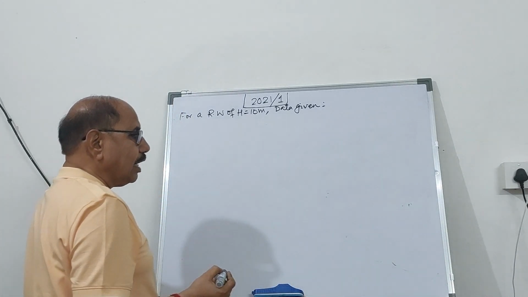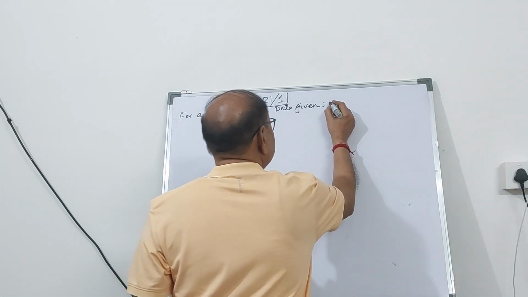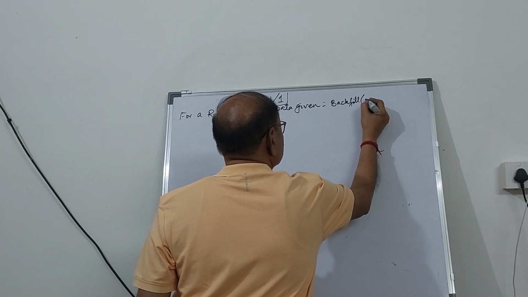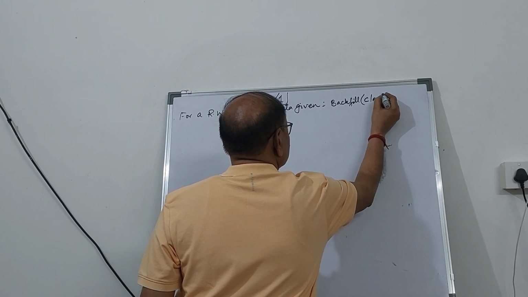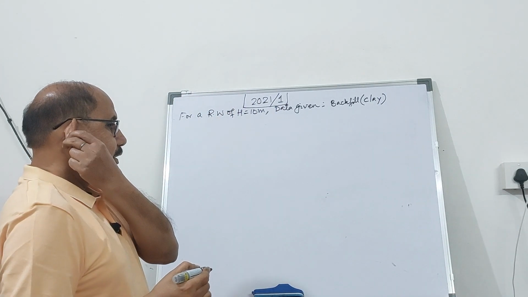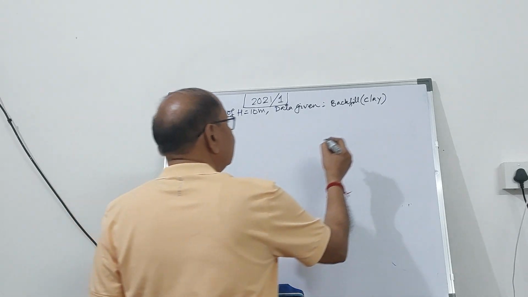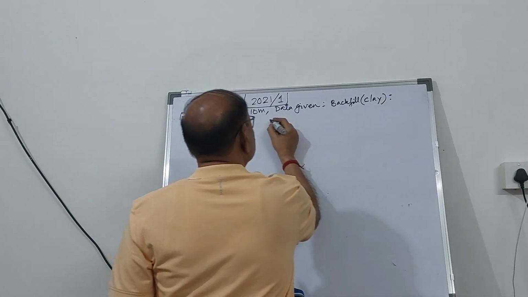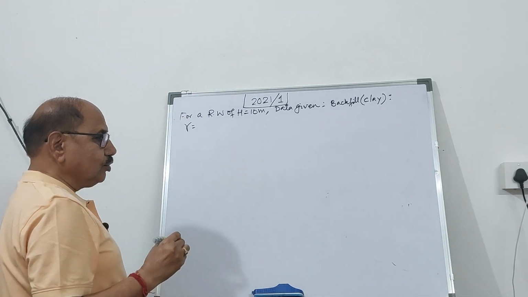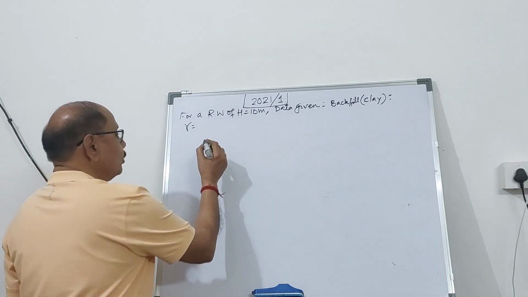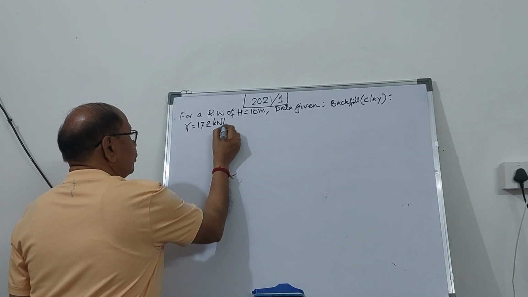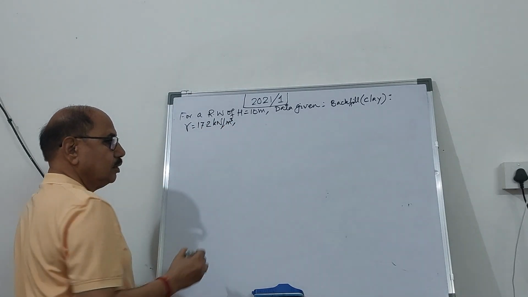The backfill is clay, and the value of gamma for this clay is given to you as 17.2 kilonewton per cubic meter.